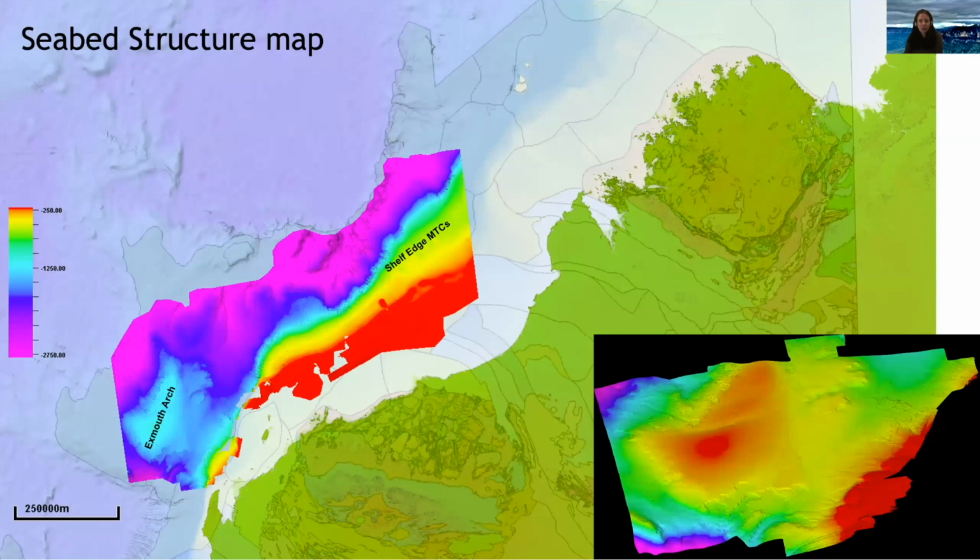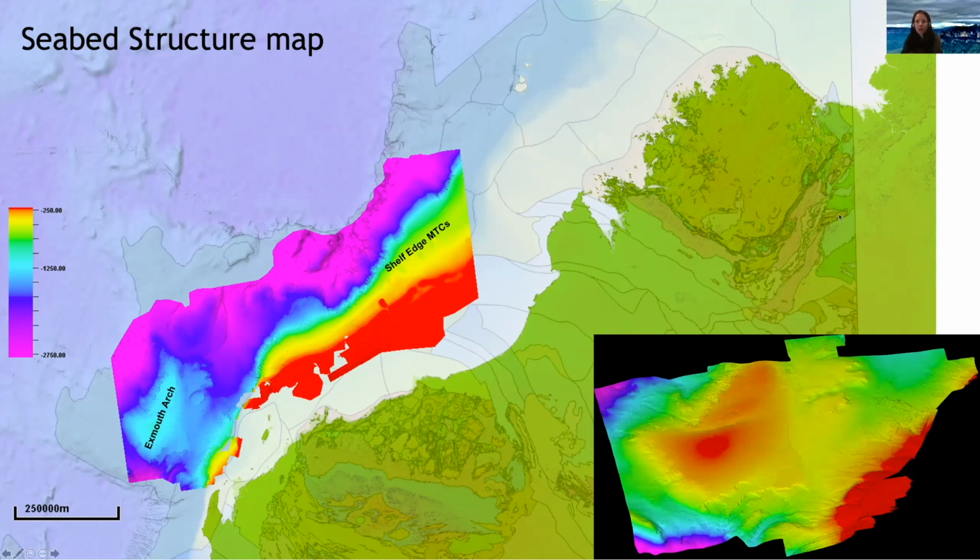This is a seabed structure map that Chris and his army of students have created. As you can see here, the Exmouth Arch is a very clear feature. This inset is showing a 3D perspective of a mass transport complex, which are easy to observe in this seabed structure map.